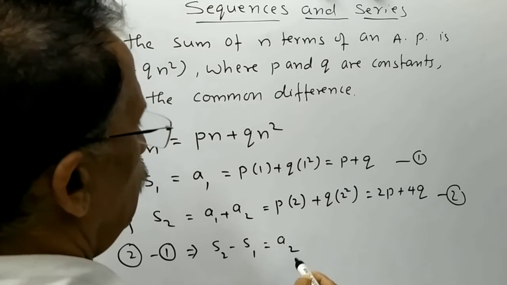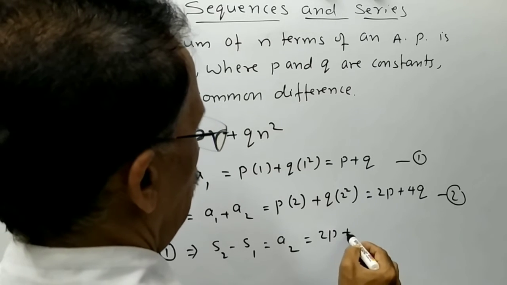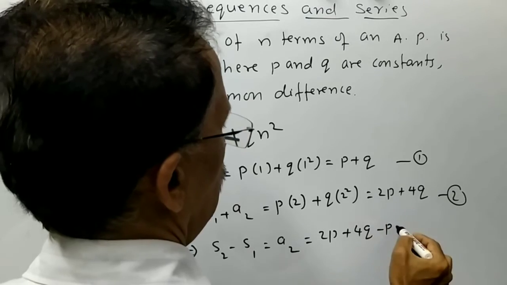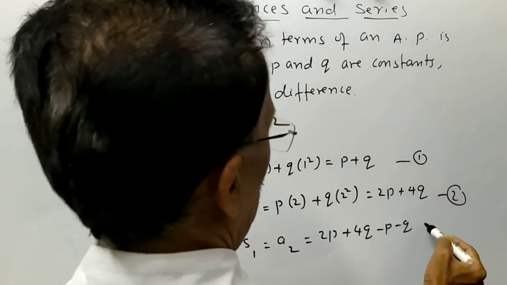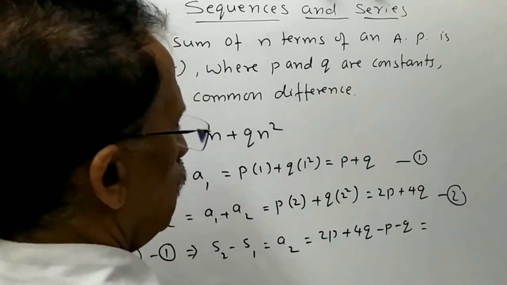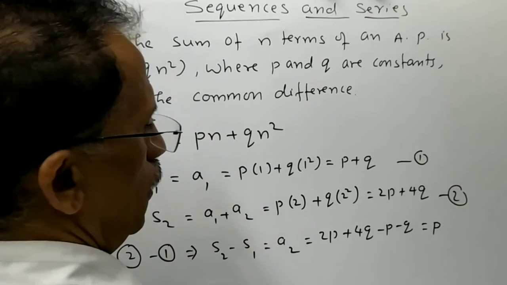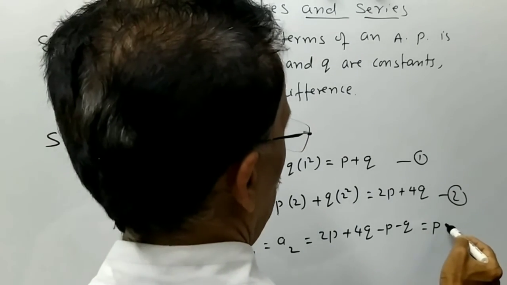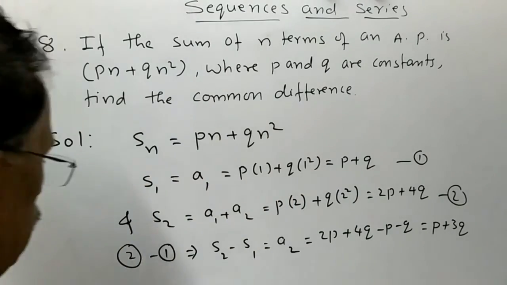You will get a2 is equal to 2P plus 4Q minus P minus Q is equal to 2P minus P, 1P, plus 4Q minus Q, plus 3Q.